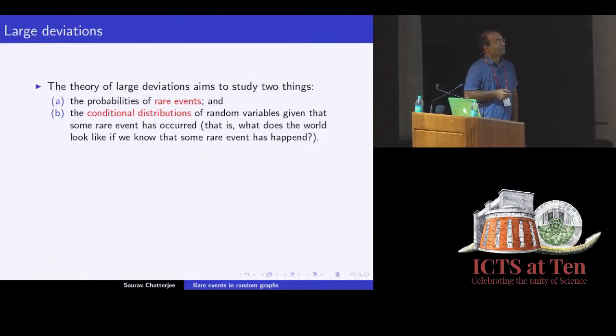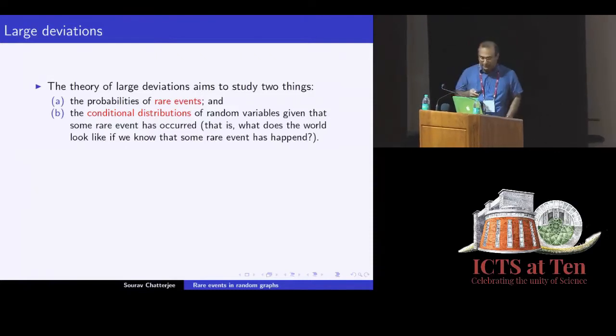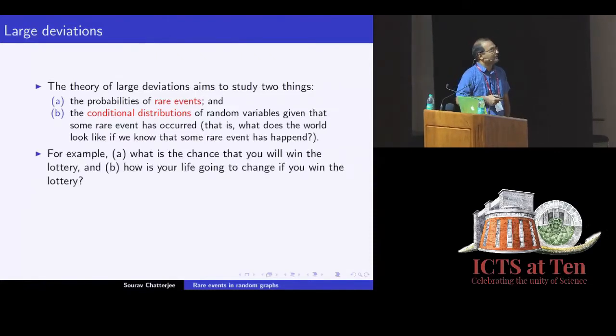So for example, what does the world look like if we know that some rare event has taken place? For example, question A is what's the chance that you will win the lottery, and B is how is your life going to change if you win the lottery? So that's the two main things that large deviations study.